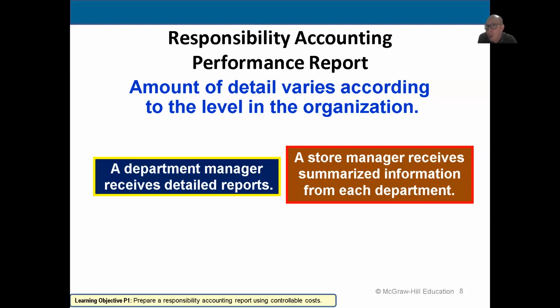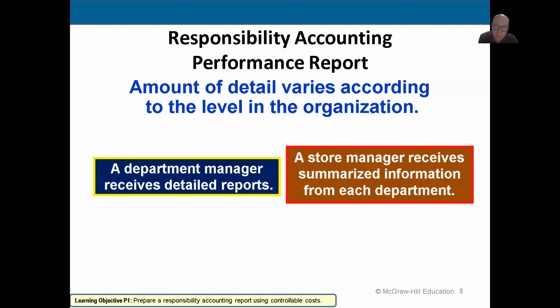They're more concerned about how well the entire department is functioning as a whole. Right? The store manager is only concerned with the responsibility centers of the department manager, the cost center and the income center, you see.